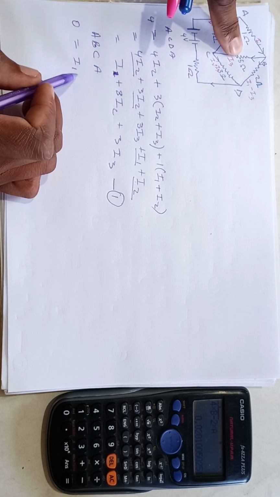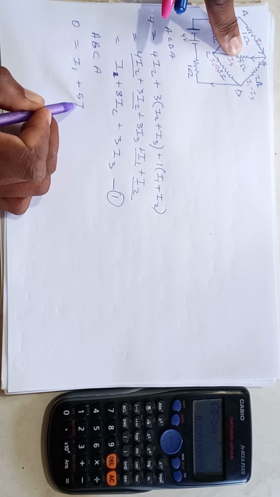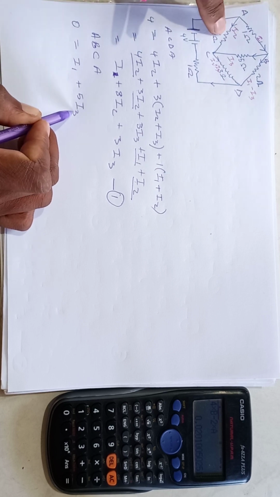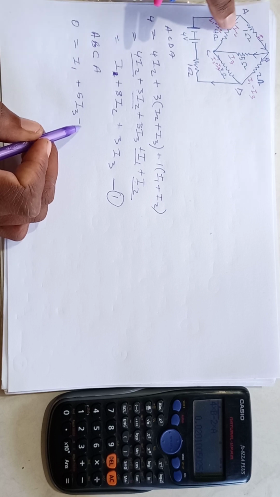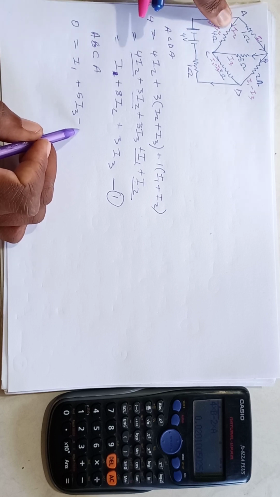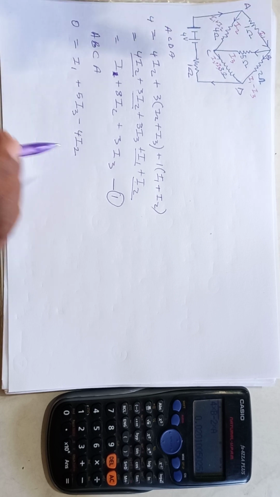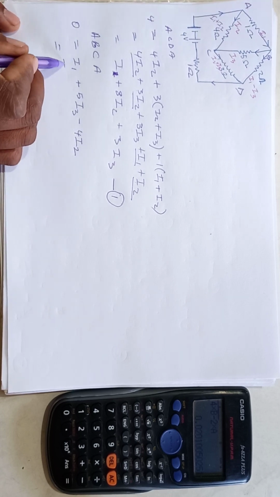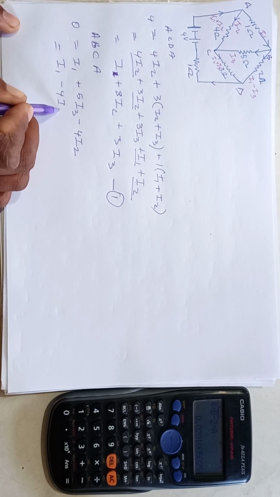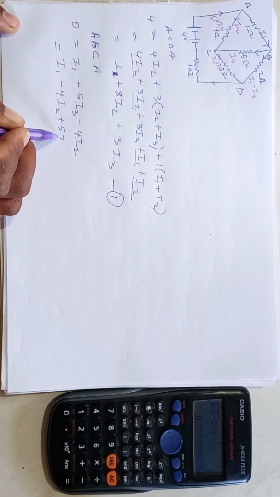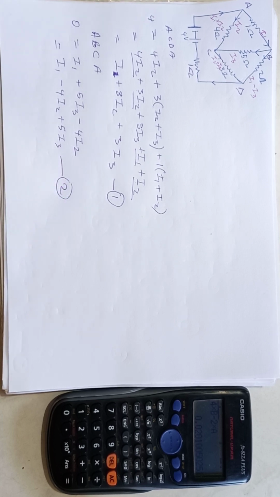And we've got this one in the same direction, so we add and we have 5I3. We've got this one in the different direction, so we minus. The current there is I2 across 4 ohms. So someone would say I1 minus 4I2 plus 5I3, it is just the same. So this is our second equation.